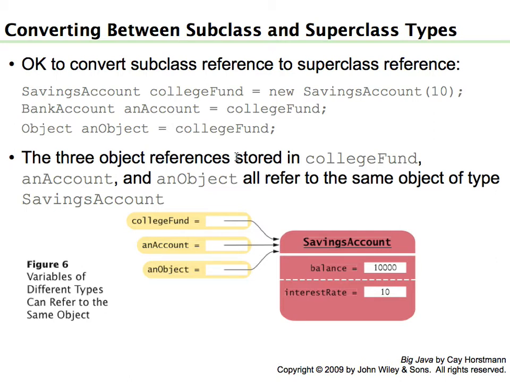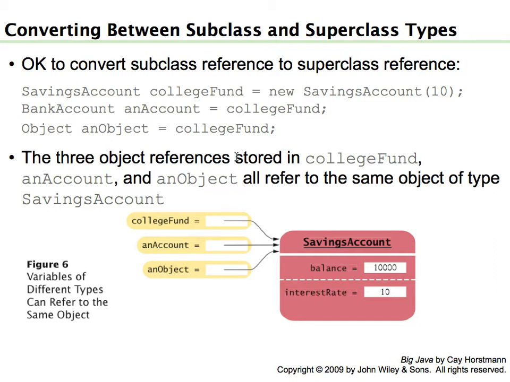At that time, we said that since long is bigger than integer, you can take an integer variable and assign it to a long variable, but you can't do otherwise. You can't take a long variable and assign it to an integer variable.